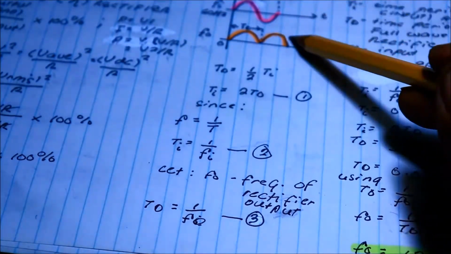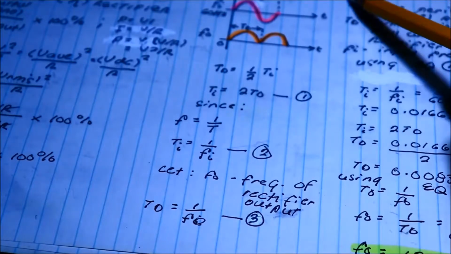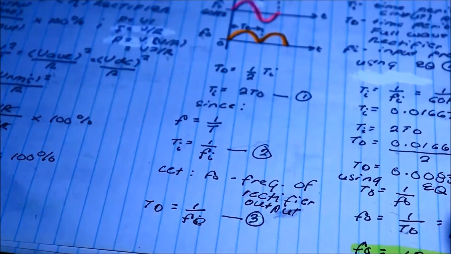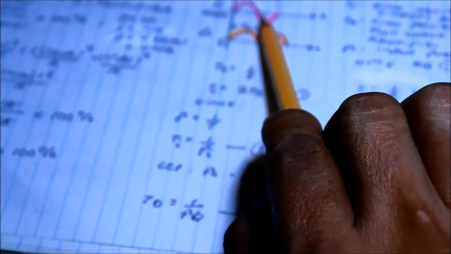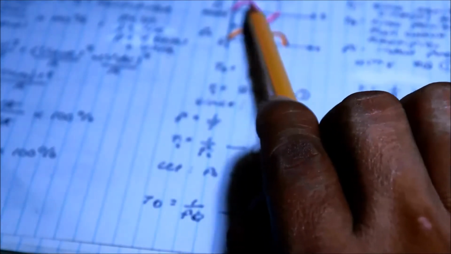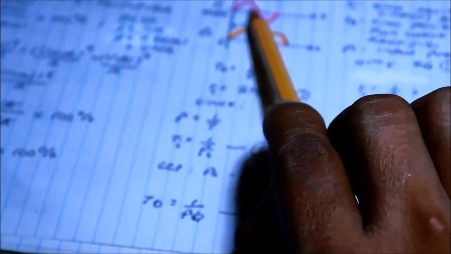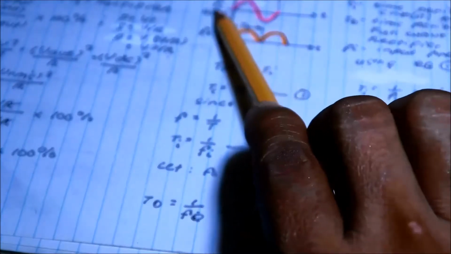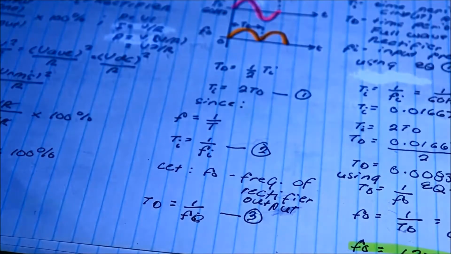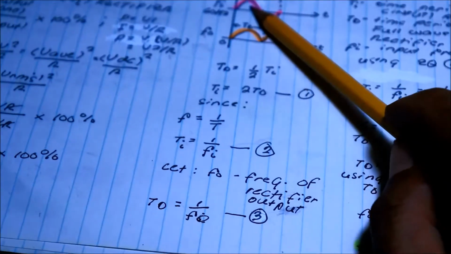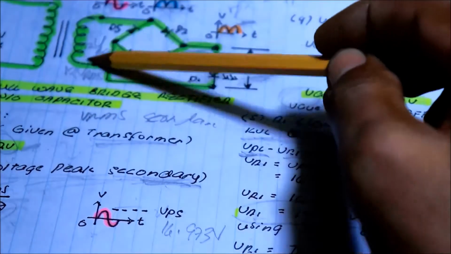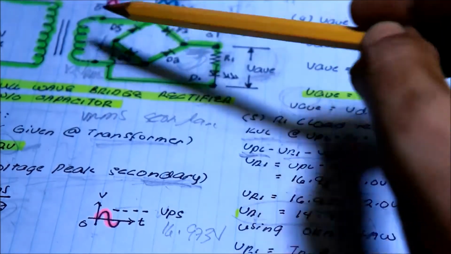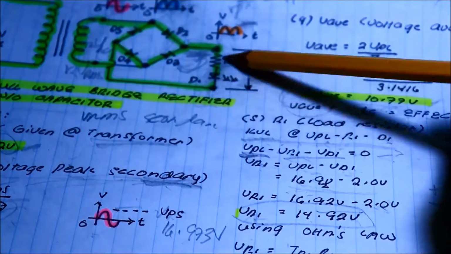In this graph, this is a sine wave from the secondary windings, with input frequency Fi. We're going to compute for the output frequency of the load.